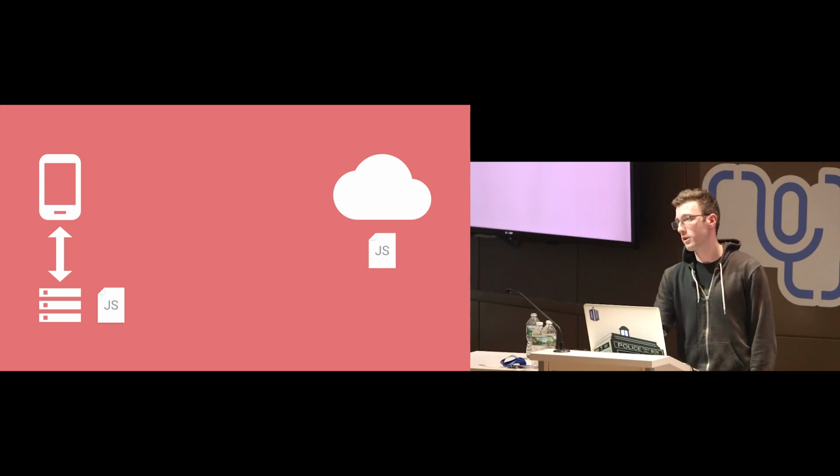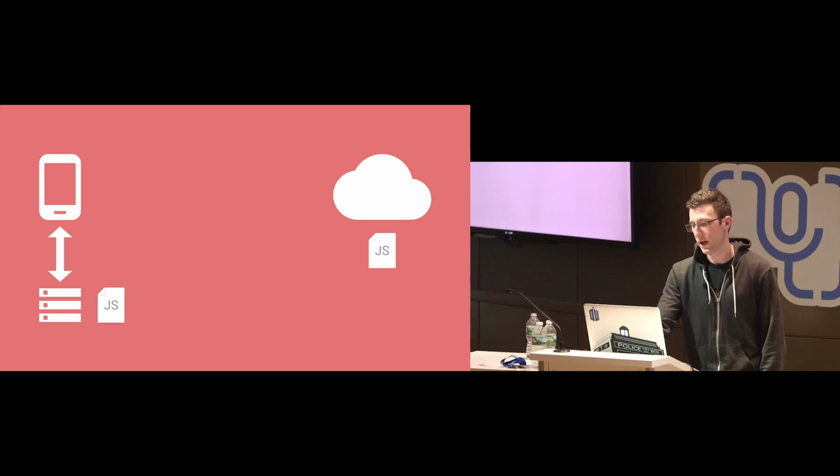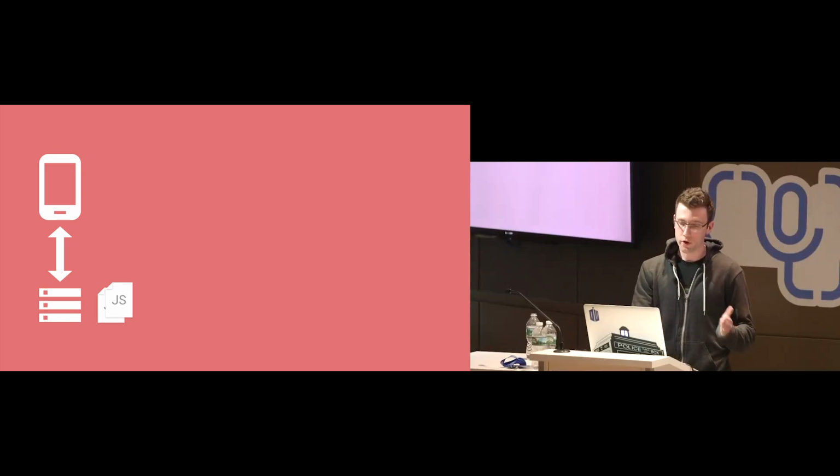Now, our server also has a copy of JavaScript, and this is one that's going to be updated with new server deploys. What we do here is we download the JavaScript from the server, save it to disk, and now we use that one instead of the one that shipped with our APK.